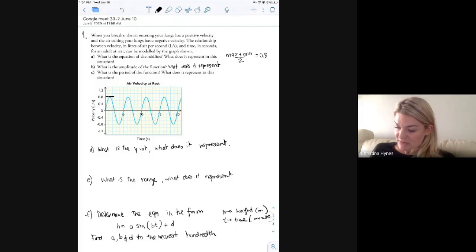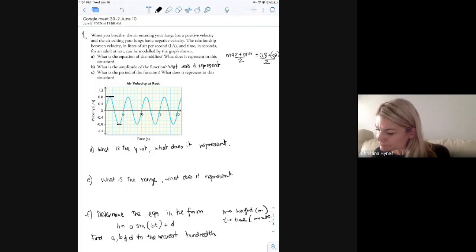Then you add your minimum, which is negative 0.8, and divide that answer by 2. When we put that into our calculator, it gives you 0. Whenever you have a plus and a minus, it becomes a subtraction. So 0.8 minus 0.8 divided by 2 gives us 0 as your midline.